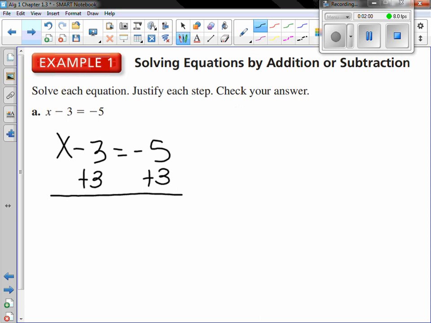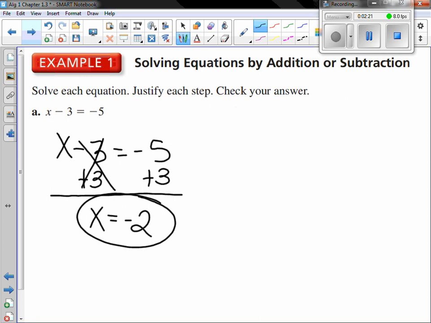Minus 3 plus 3 here cancels out because negative 3 plus 3 is 0. So we get x is equal to, well, negative 5 plus 3 is negative 2. So the value of x is negative 2 in this equation.